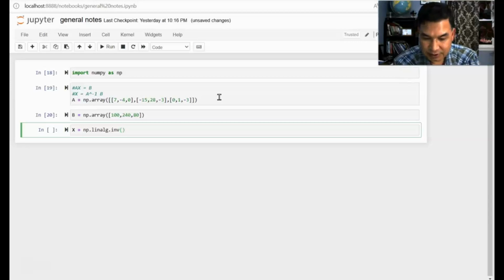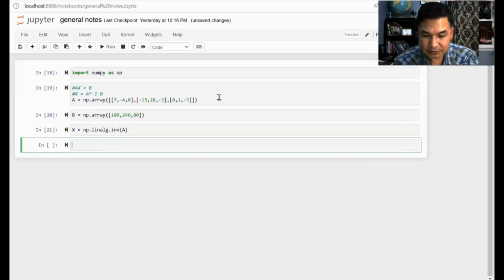And inverse of what? You first have to make the matrix A inverse.